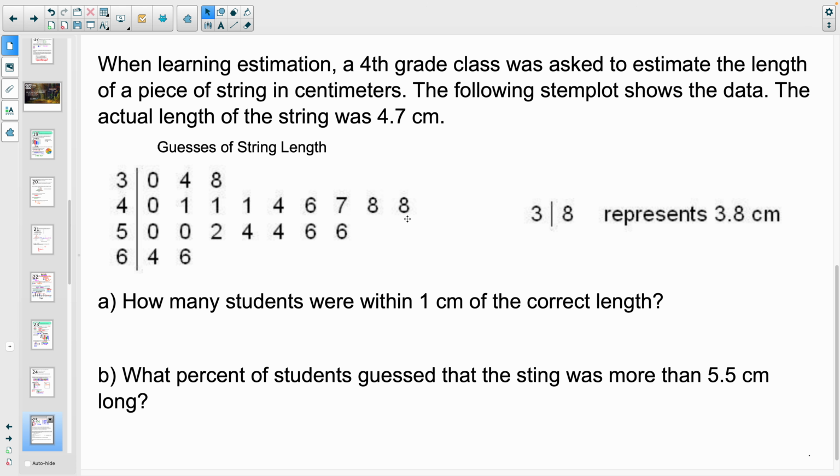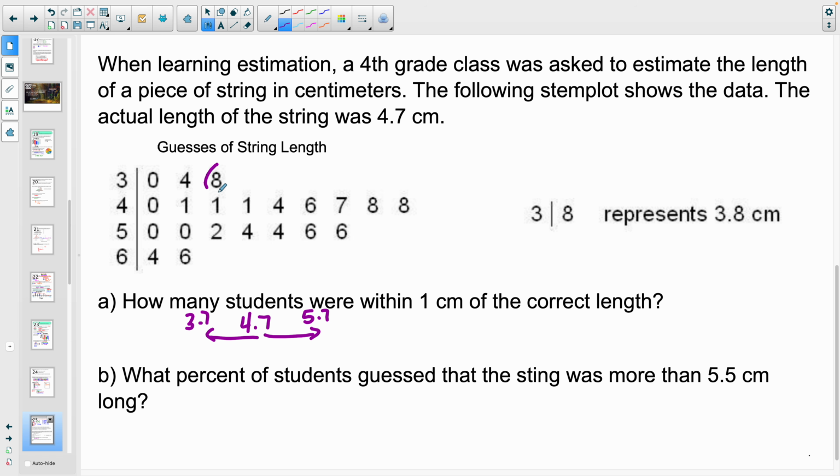Okay, 1 centimeter. What does that mean for us? If the actual length was 4.7 centimeters, if we went 1 centimeter shorter, right, we'd be at 3.7. And if we went 1 centimeter longer, we'd be at 5.7. So we're looking for all the numbers between 3.7 and 5.7.